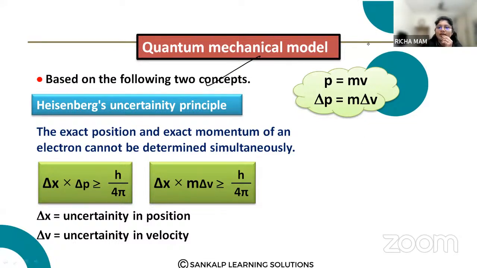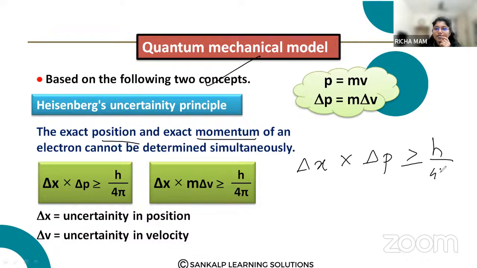We cannot find out the position and the momentum of an electron. So the formula is delta x into delta p is greater than or equal to h by 4 pi.